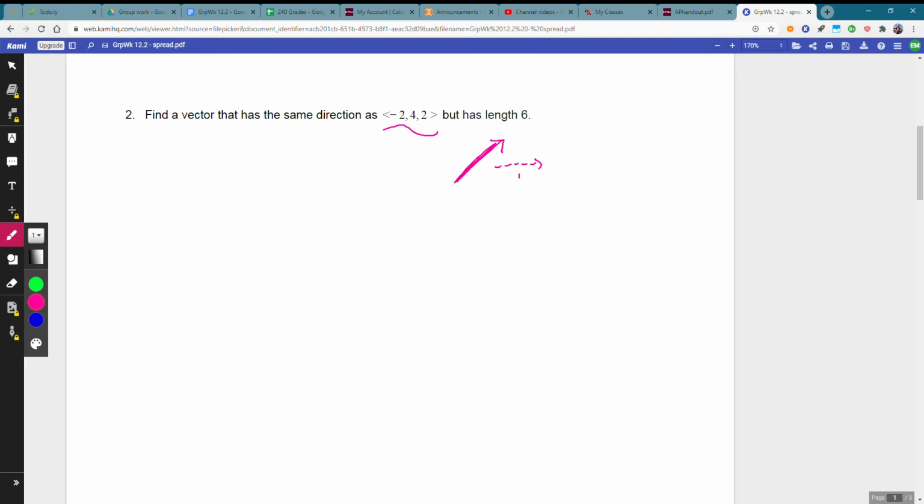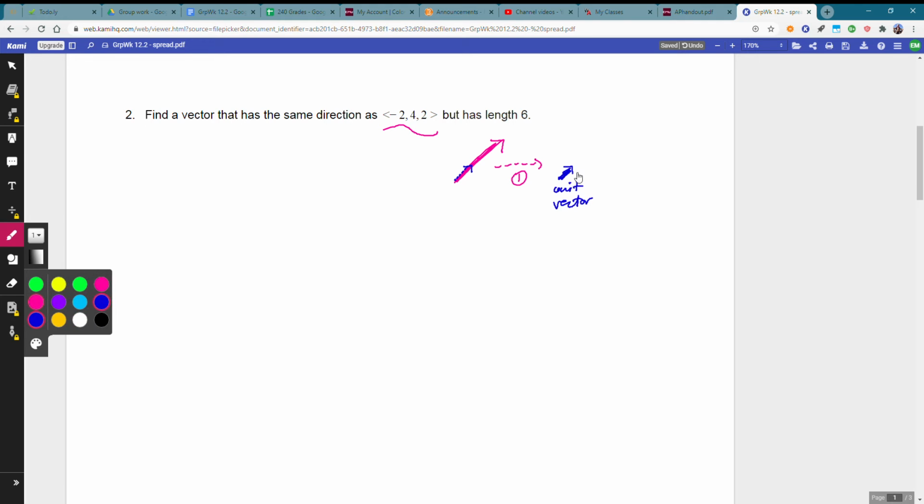Step 1 is, maybe it's unclear how to make it length 6, but we can make it length 1 if we scale this by what we need to get a unit vector. So make this thing a unit vector right here on the picture. This would look like this. So we're just scaling it so it has length 1.